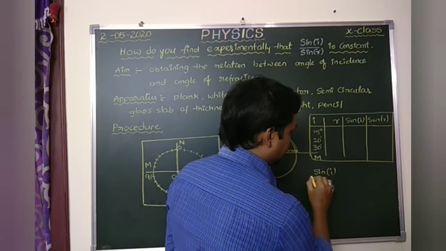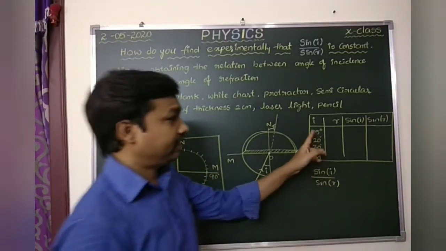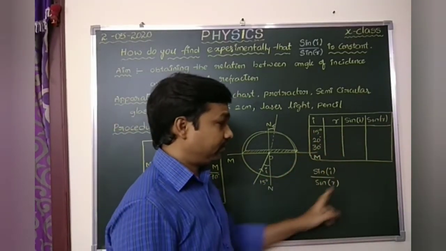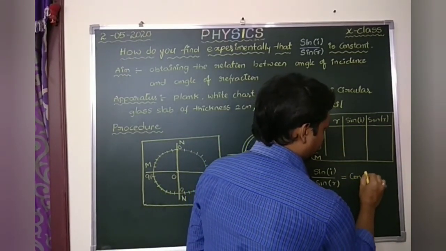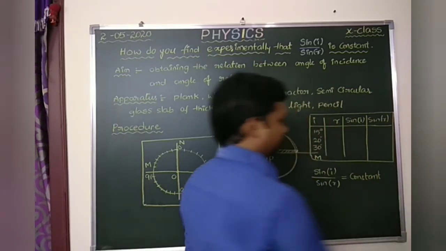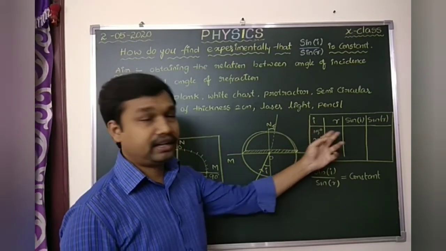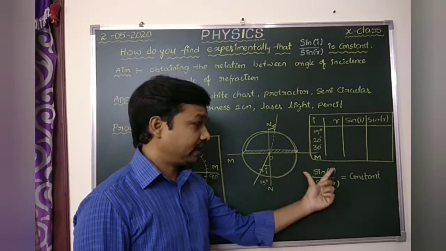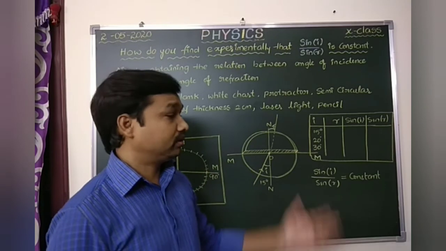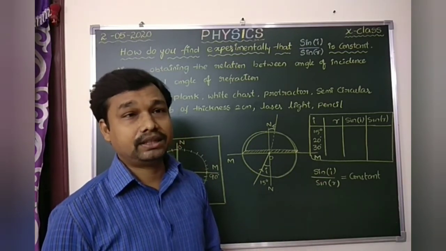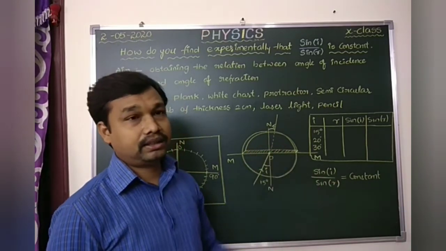For each and every pair of angle of incidence and angle of refraction, we need to find the ratio of sin I by sin R. What do we get? That value remains constant. What is that constant giving you? That constant is the refractive index of the material.